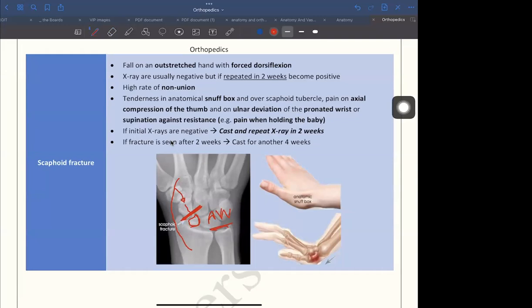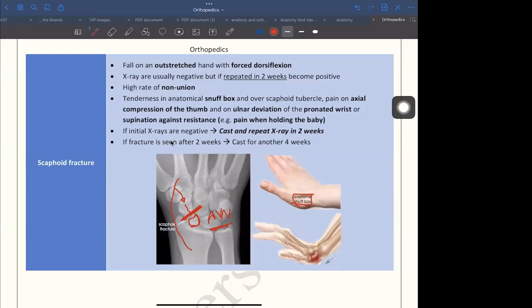So basically, fall on an outstretched hand with forced dorsiflexion, you do an X-ray, you'll find it absolutely normal. But if you find any tenderness in the anatomical snuff box, that will tell you that the patient is probably having a scaphoid fracture.